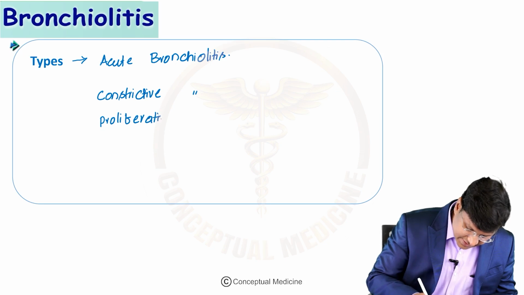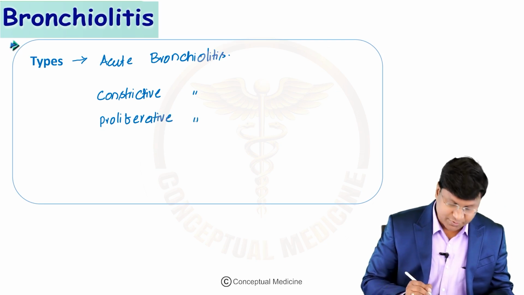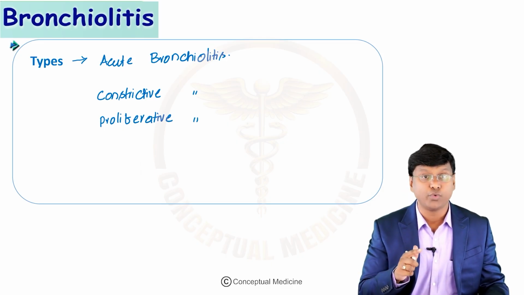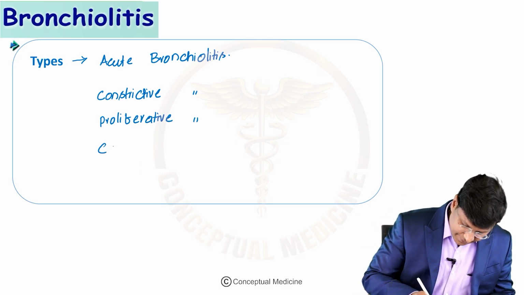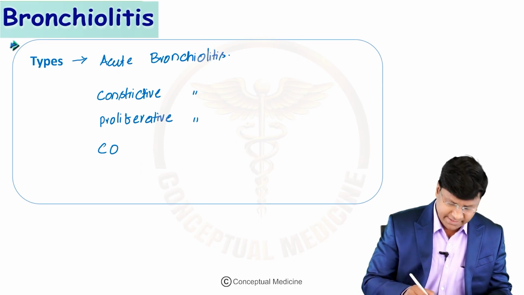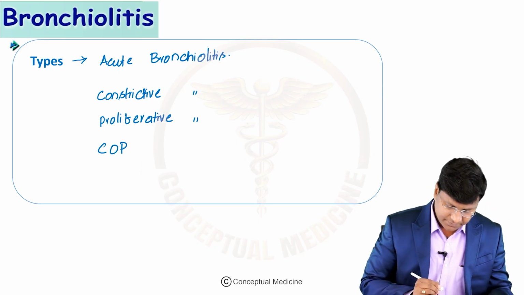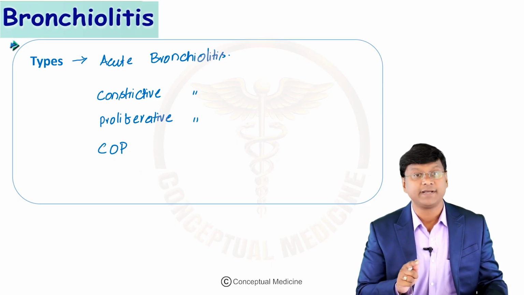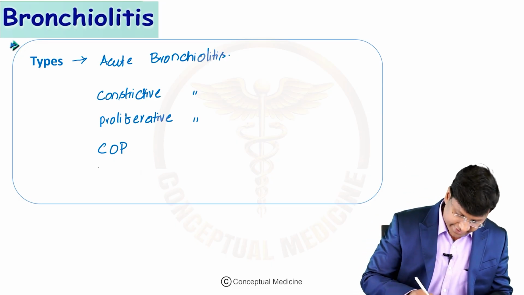I will discuss all these types of bronchiolitis. Then next we have COP, that is cryptogenic organizing pneumonitis, followed by follicular bronchiolitis.